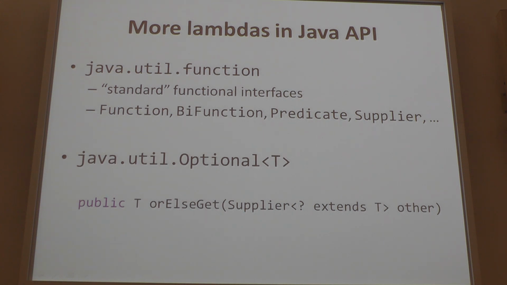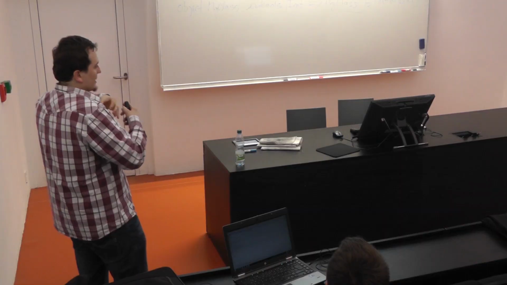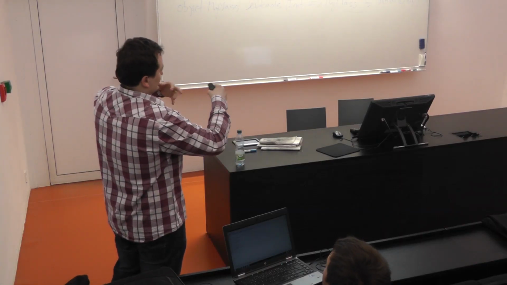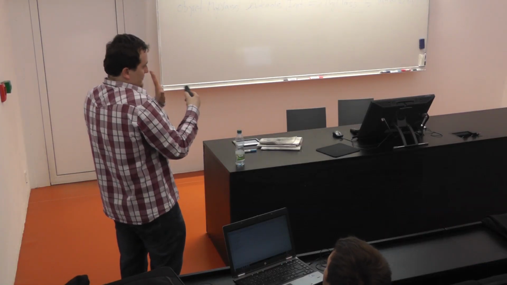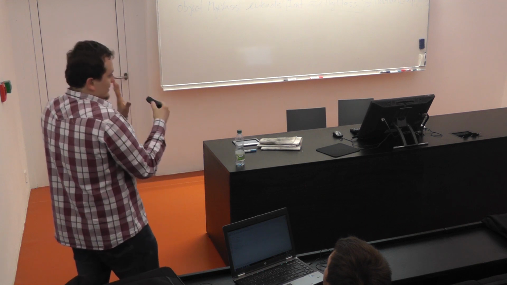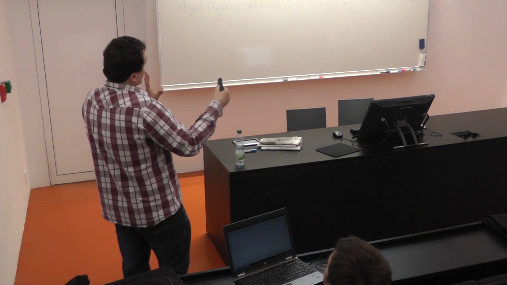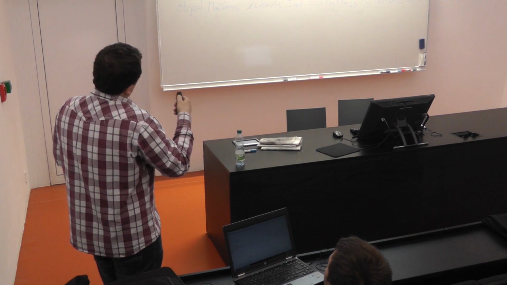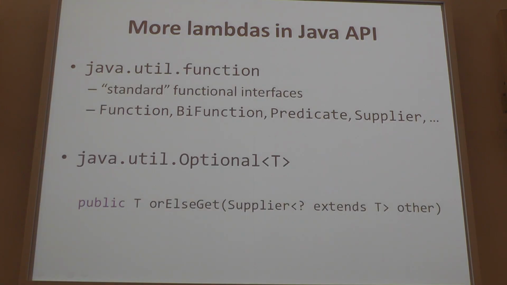For example, the stream has a method like findFirst or find, like if you want to find some elements that satisfy some predicate, and the findFirst method returns an Optional. It never returns null if the element is not present in the stream.